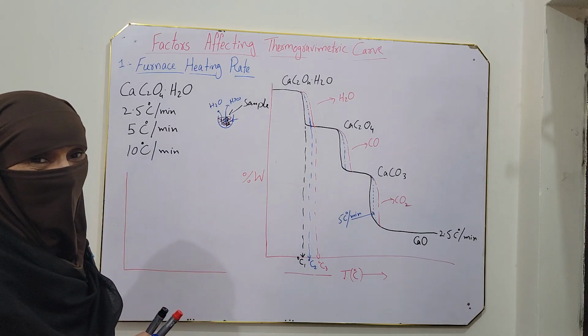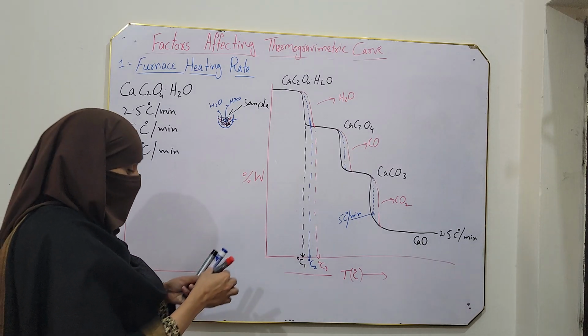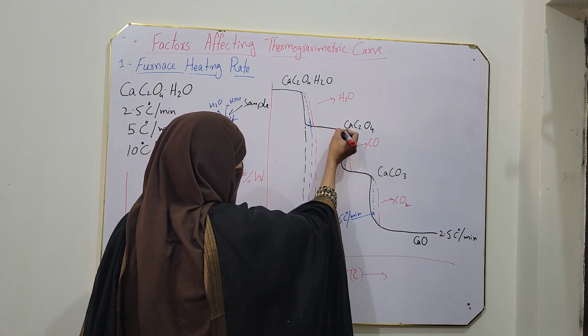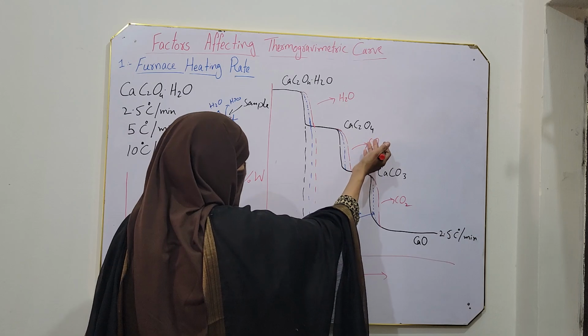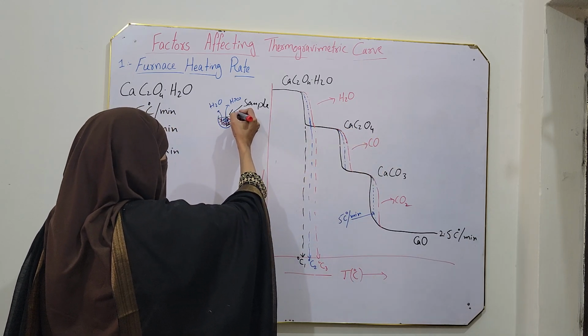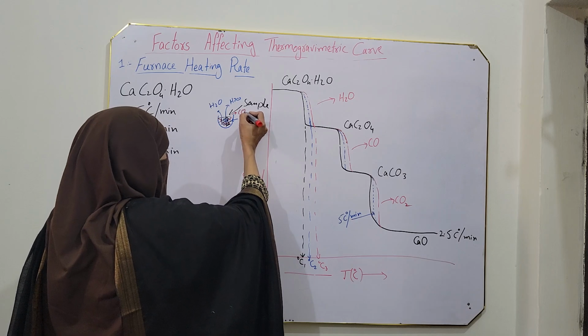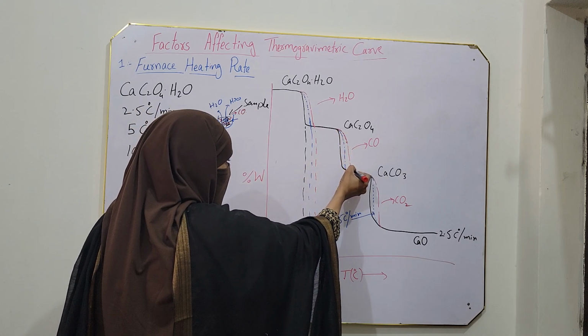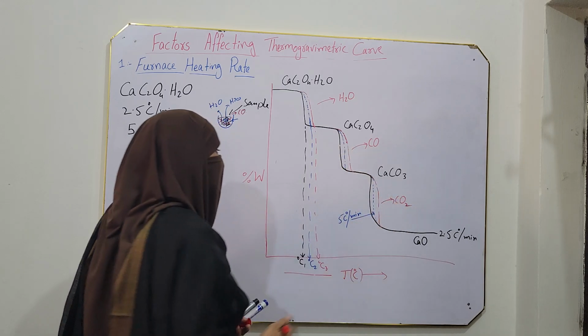Similarly at 10 degrees centigrade, again the outer side will achieve that temperature and start losing water molecules. In the second step, carbon monoxide quickly escapes from the outer part, but from the inner part it takes time. So finally this curve is shifted toward the right.